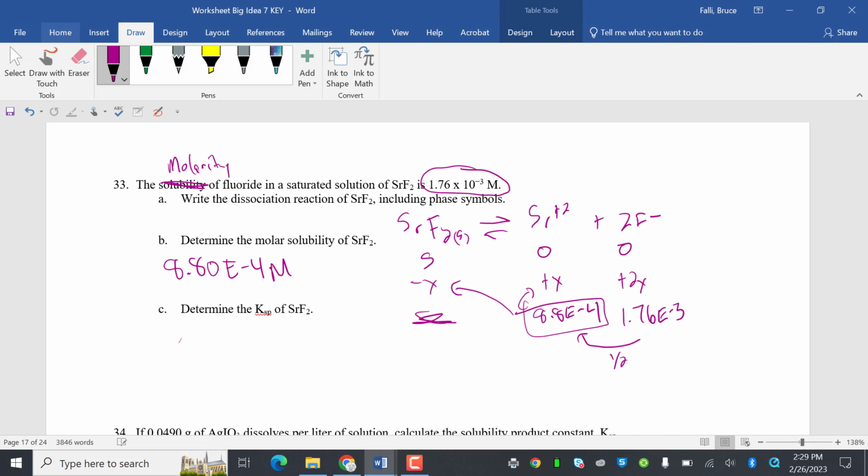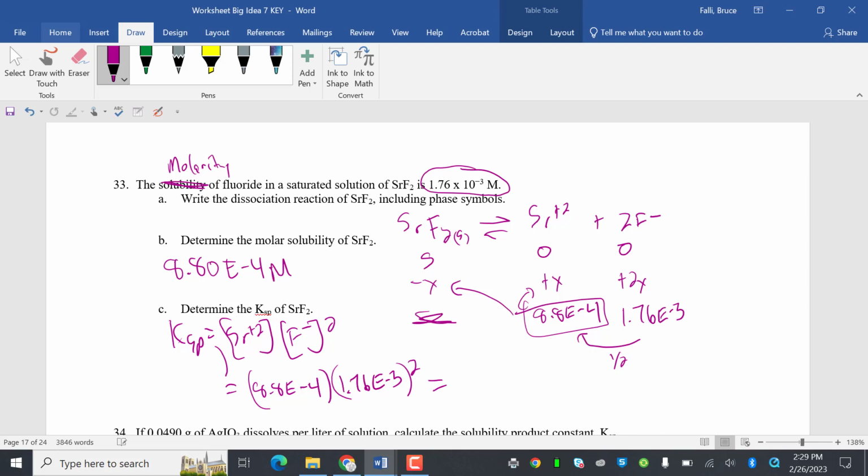Determine the KSP. KSP is strontium 2+ times fluoride squared. So my strontium is 8.8 E negative 4, and fluoride is 1.76 E negative 3 squared.